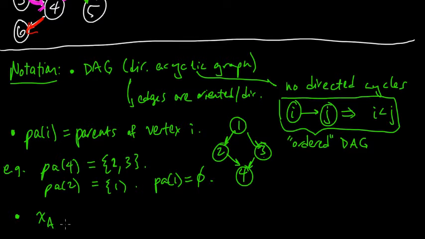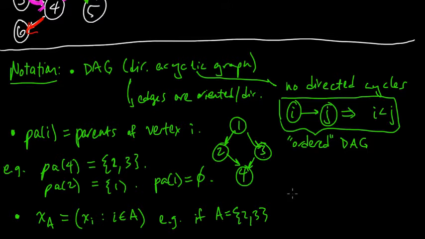If we have a vector x1, x2, up to xn, let's use this notation, x sub A, for a set A of indices, to denote the tuple of x_i such that i is in that set A. For example, if A equals 2 and 3, thinking about this graph, we would have x1, x2, x3, and x4, and x_A is just the tuple x2, x3.